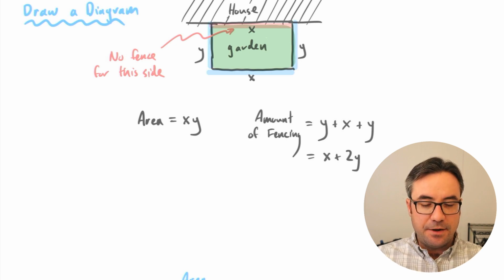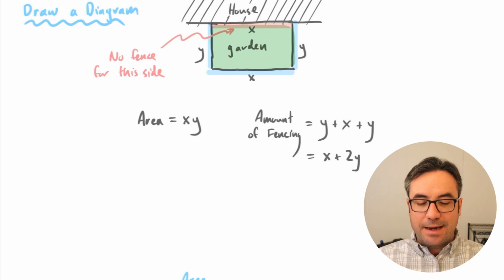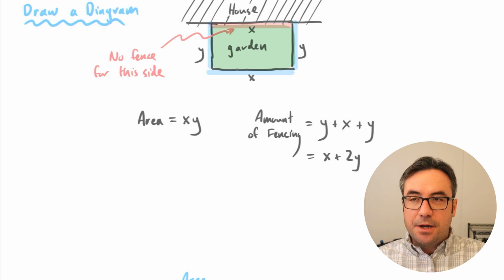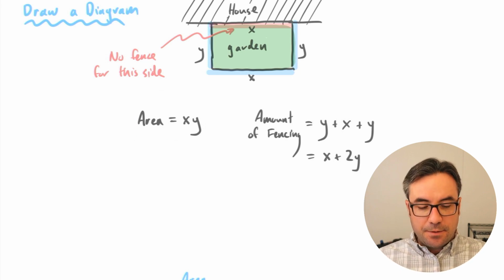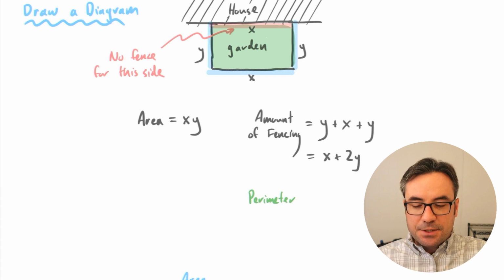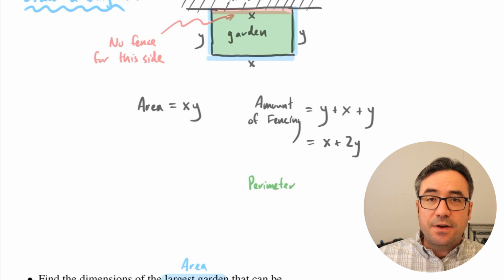Now, as a bit of contrast here, when we talk about rectangles, really the area is one common formula, but another common formula is the perimeter. So the amount of fencing here is related to the perimeter, except we're excluding one of the sides, the side that we don't need the fencing for.